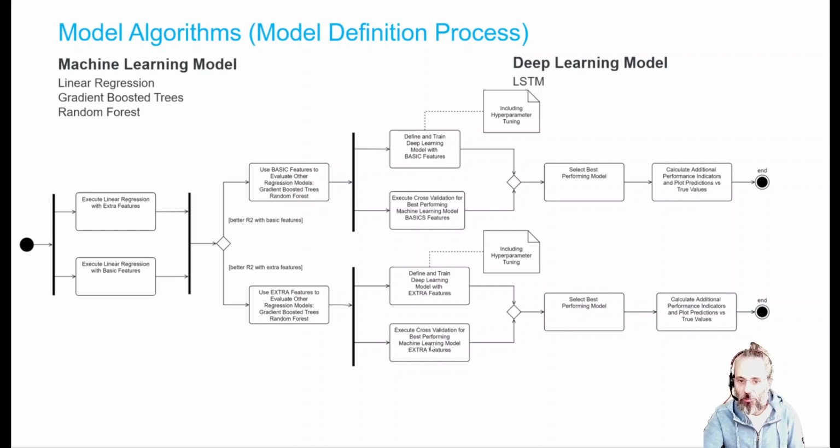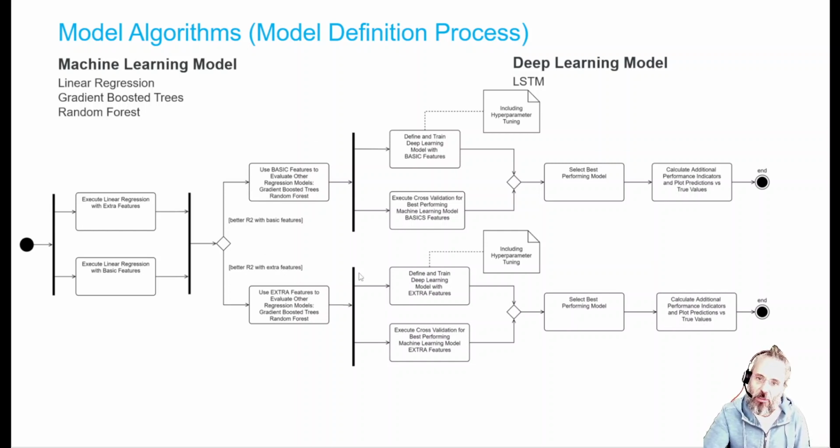Then we used cross-validation for the best performing of the non-deep learning models, but we also added a deep learning model to compare them together. Then we select the best performing model, and for it we add the calculation of additional features.